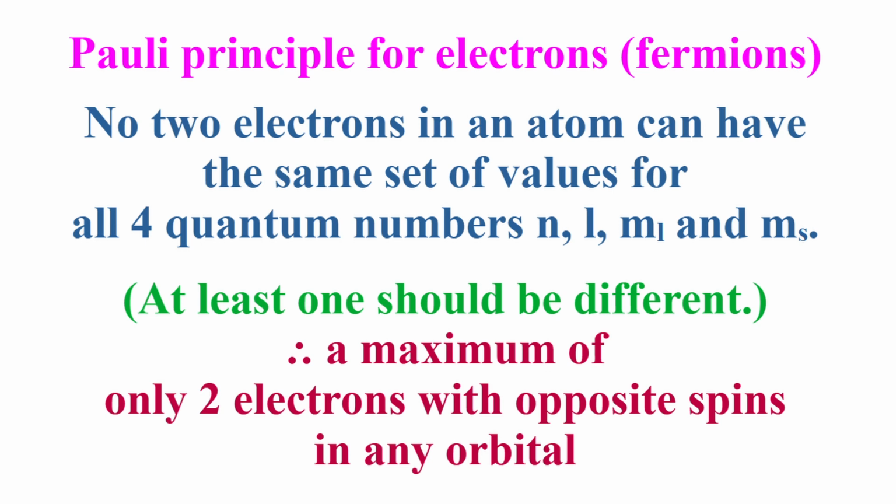Therefore, because only the 2 values of plus 1/2 and minus 1/2 are allowed for the spin quantum number, a maximum of only 2 electrons with opposite spins can occupy any orbital, and hence different addresses arise for them. This latter statement, which is a special consequence of the Pauli principle, is referred to as the Pauli exclusion principle.